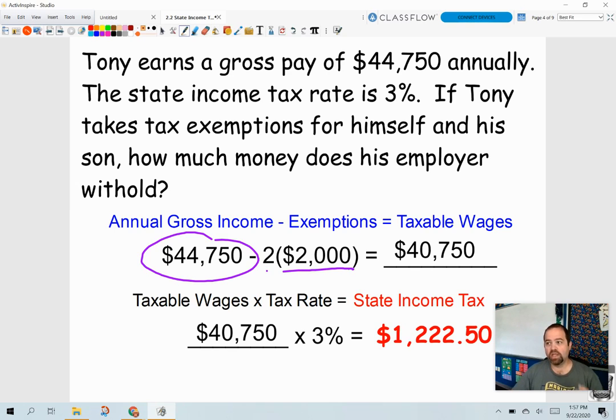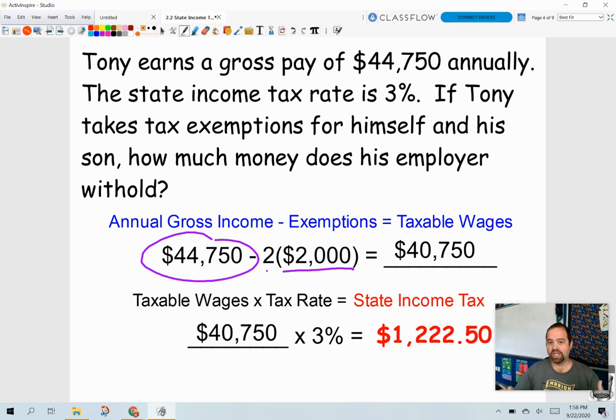The 2 out front is one for him and one for his son, and then the $2,000 is the income deduction for each allowance. So ultimately, they're going to reduce his salary by $4,000. Now, he's still getting those $4,000. It's just that the state government is not going to tax him on those $4,000.